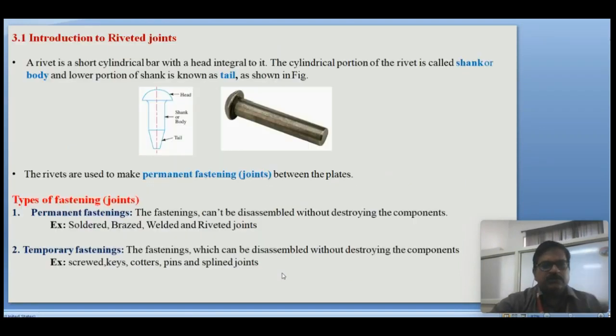Introduction to the riveted joints. A rivet is a short cylindrical bar with a head integral to it. This is the head, and this is the shank portion, also known as the body. The end portion is known as a tail. You can see here.